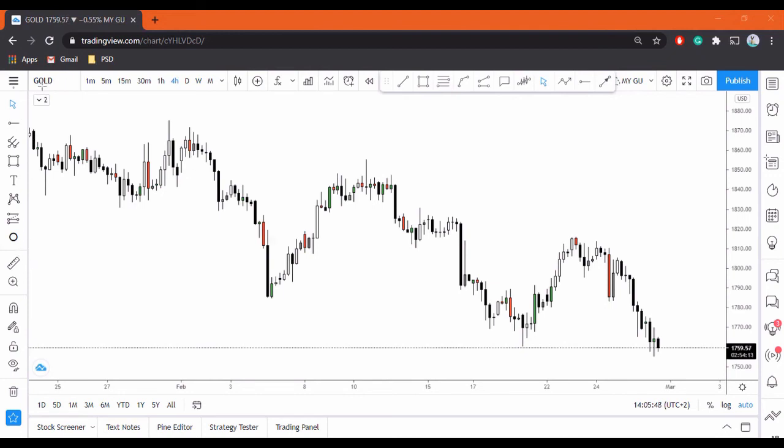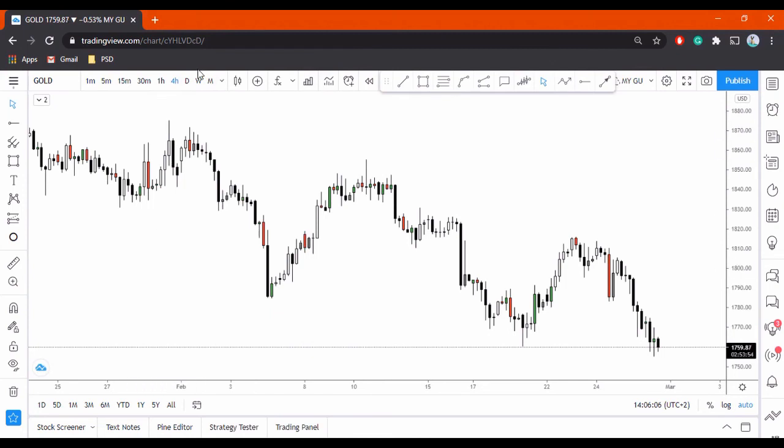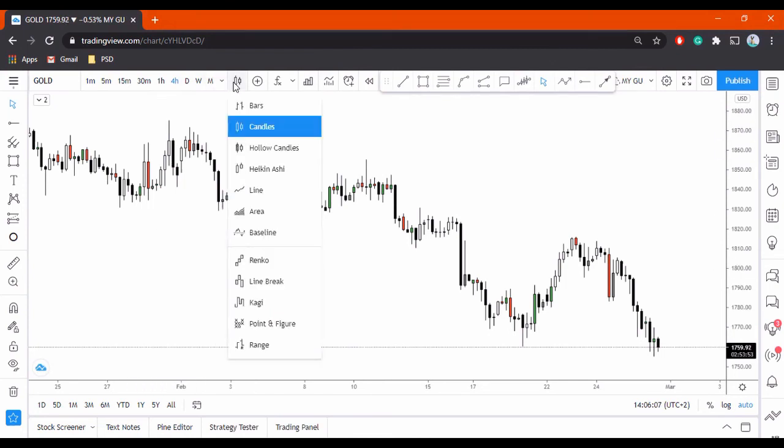And then you have your pairs, where it says code, that's where you get your pairs. And then you have your time frames. In this section on the times, you can pick the times that you want to use as you trade. And then this will show you how you want your chart to look.